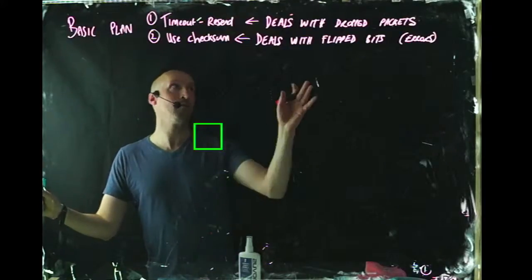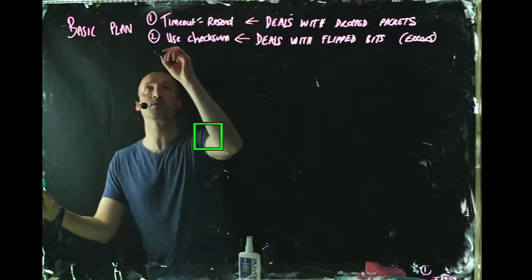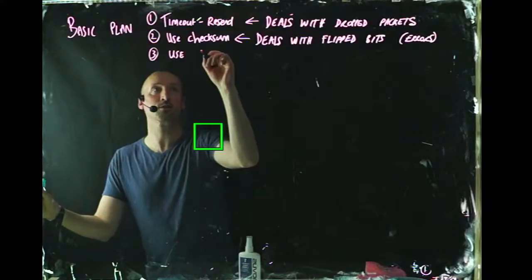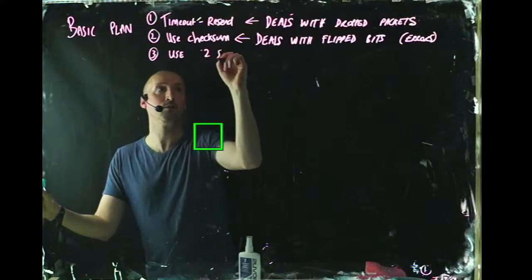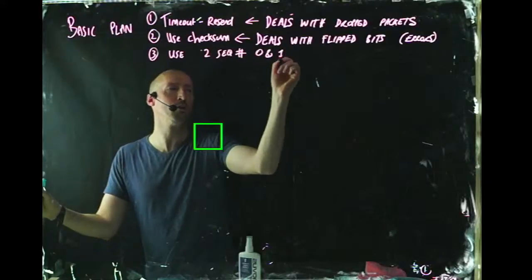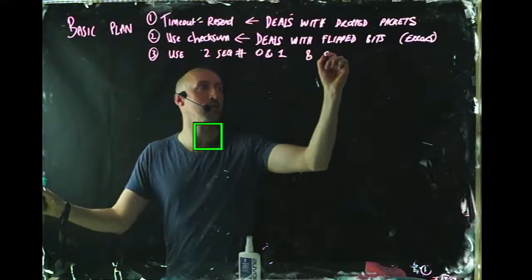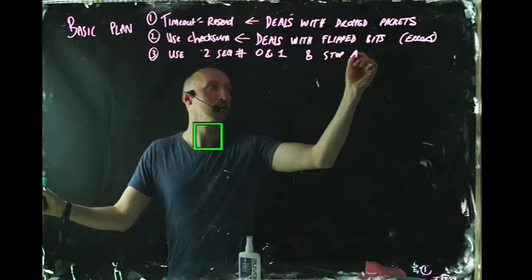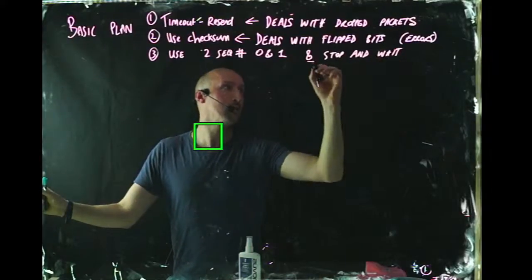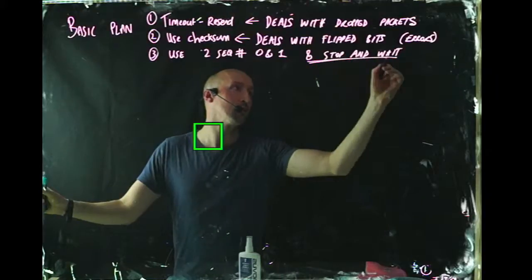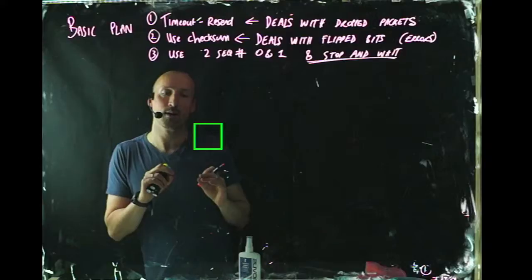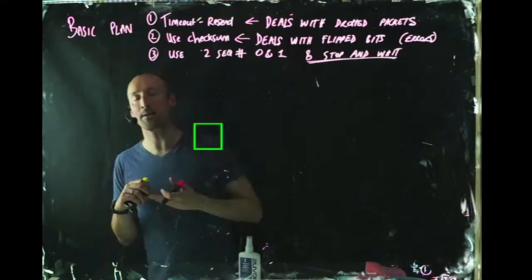so that's the plan. And we're going to use just two sequence numbers, 0 and 1, and stop and wait. Stop and wait is where we send our packet number 0, and then we wait until we get back an acknowledgement for that.